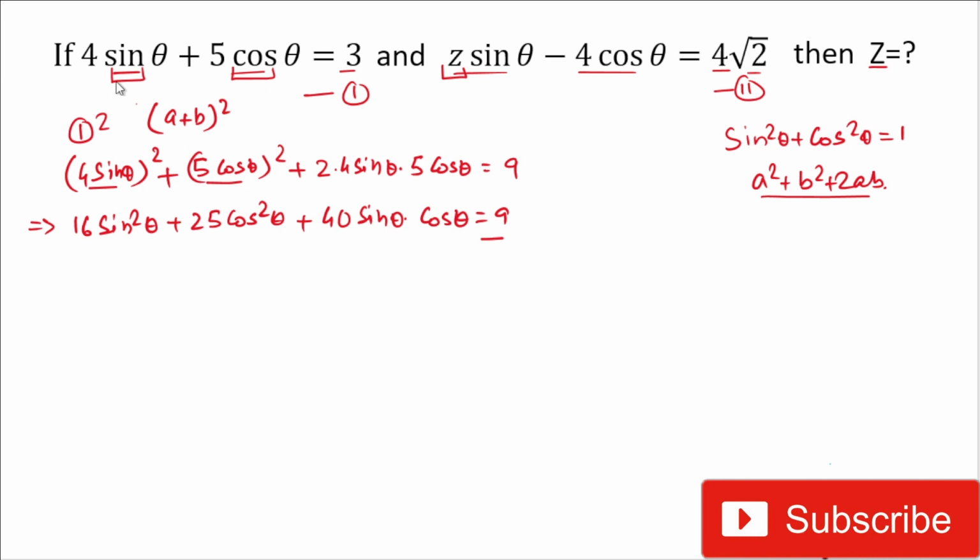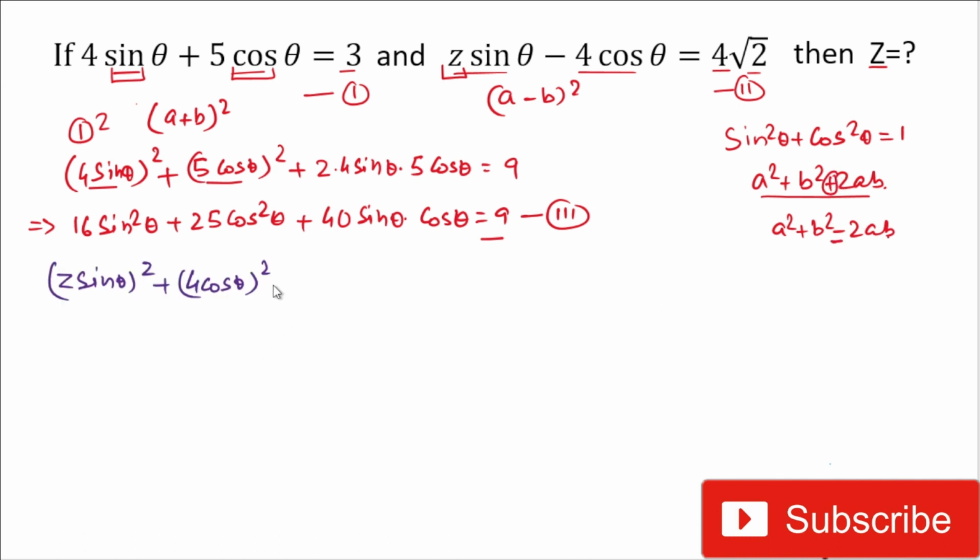Here we have just squared equation 1. Let us take this as equation 3. Similarly, we'll square equation 2. It is in the form a minus b, and the formula for a minus b whole square is a square plus b square minus 2ab, so in place of plus we write a negative sign. It is 2 times z sine theta multiplied by 4 cos theta.